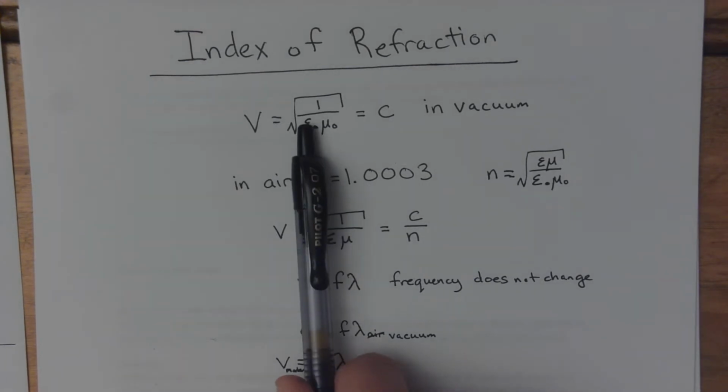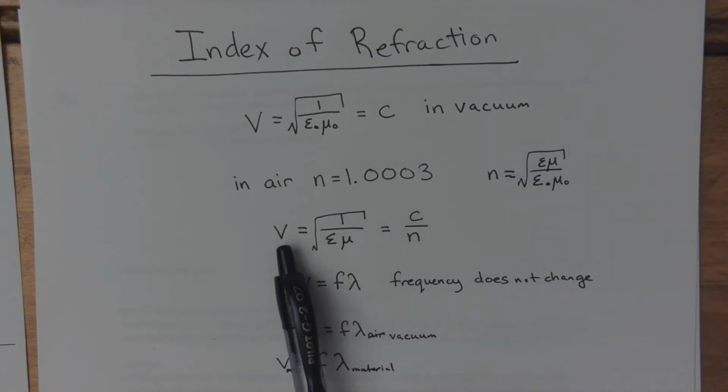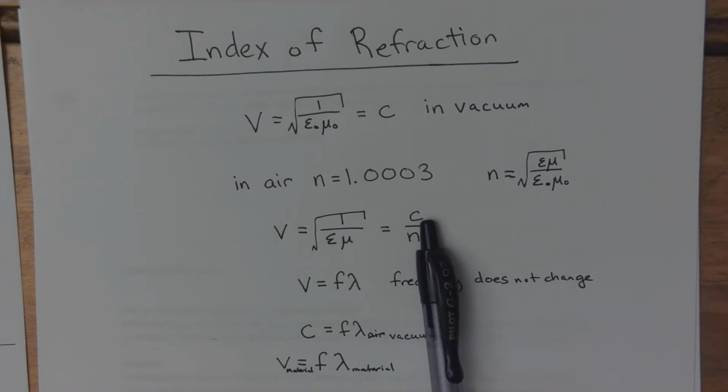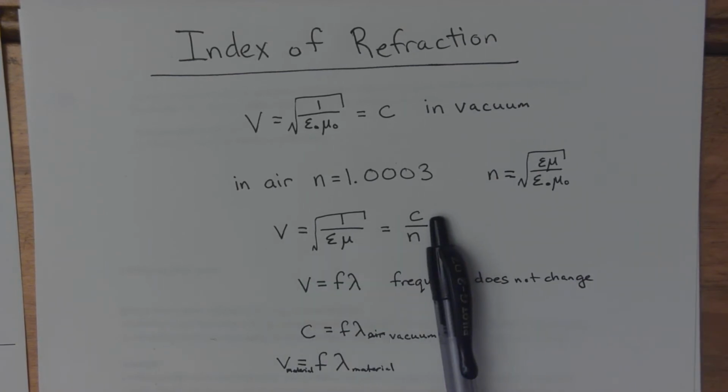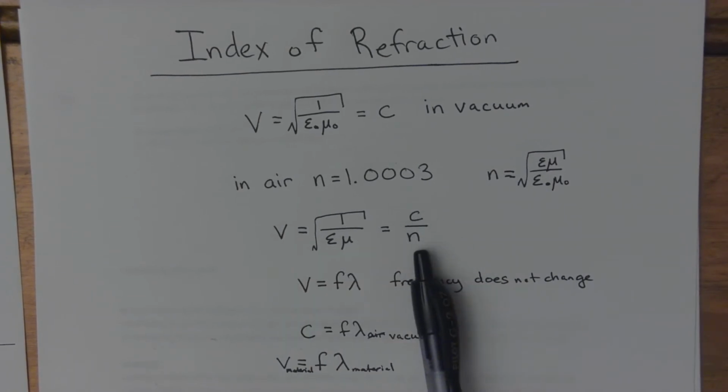And if you look at this equation and this equation, you see that the speed of light in that material is equal to the speed of light in vacuum divided by the index of refraction for that material, which means that in other materials, light is going to travel slower.